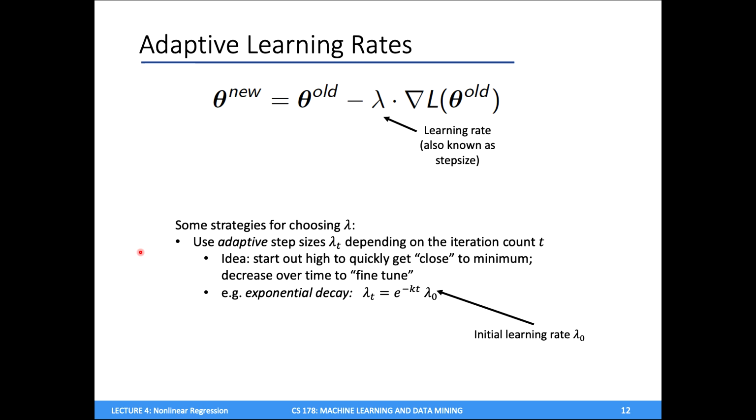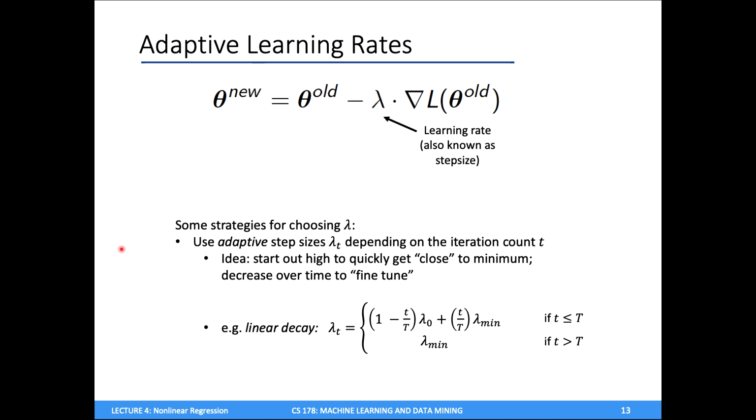We can fix this to just be some number, maybe like 10 to the minus 2, 10 to the minus 3. And then we also fix some decay rate, which is just some positive number k. So what we're doing here is taking some initial learning rate and decreasing it exponentially over time. And this will have the effect of starting out large and slowly decreasing our learning rate.